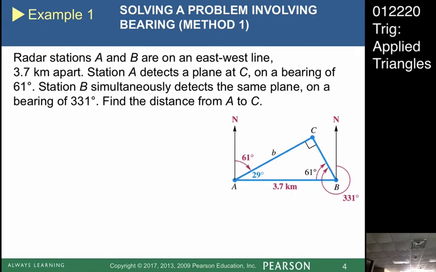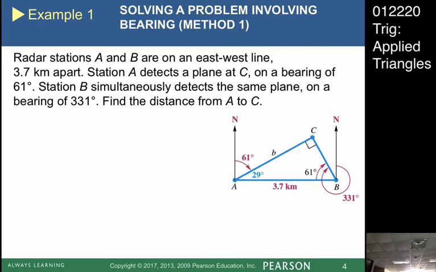Anyways, sine is opposite over hypotenuse. So we know that the sine of 61 degrees is going to equal opposite over hypotenuse. It's going to equal b over 3.7 kilometers. Thus, b equals 3.7 kilometers times the sine of 61 degrees.